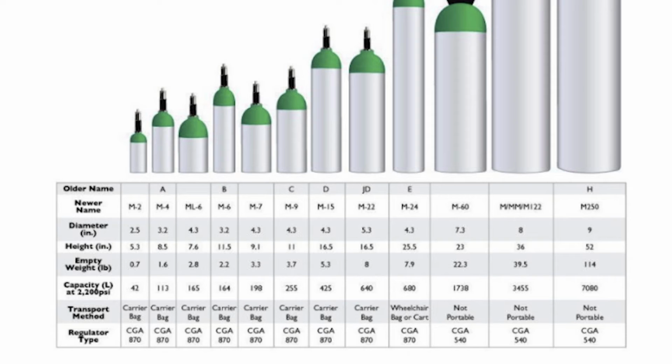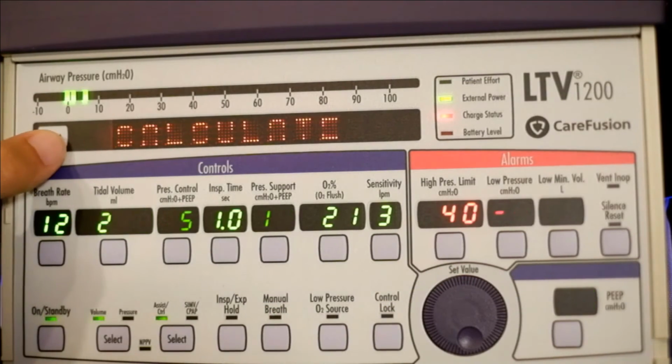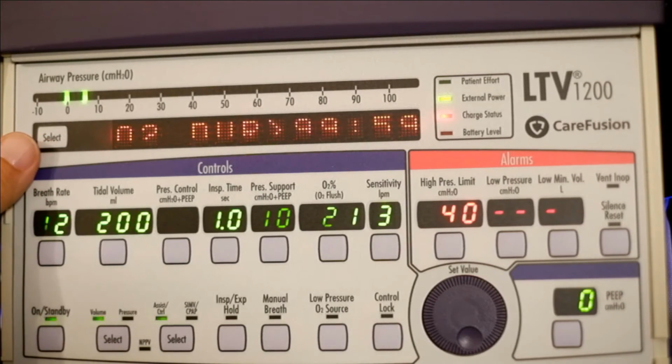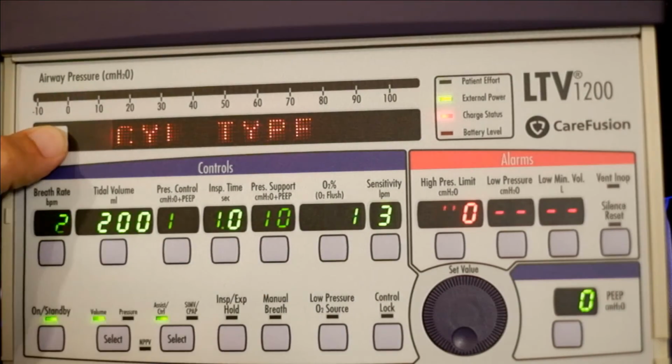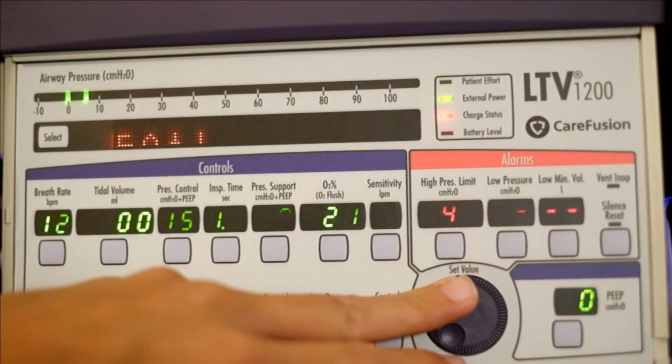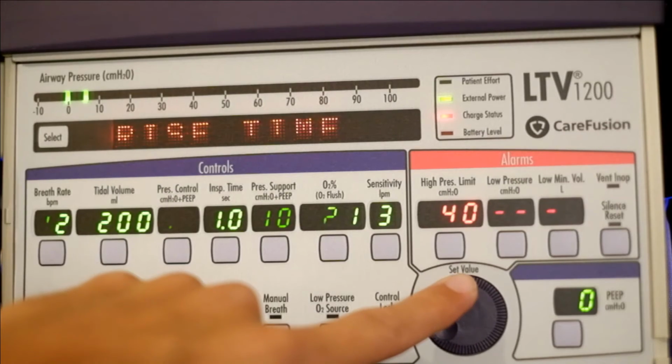So the D tank has 425 liters. And a large M tank would have 3,455. So we would calculate how much, and it'll last forever because we're on 21% oxygen. Then if you want to exit out of that, just hit exit. Now you're out here. You can hit exit.